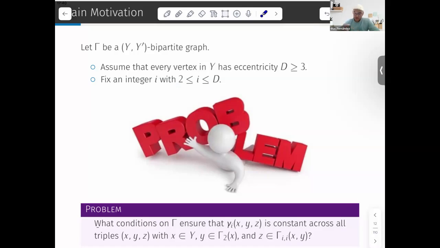The question is when the scalar gamma i, which we already defined, is invariant across all the possible choices of x, y, and z, where x is in Y, y is at distance 2 from x, and z is at distance i from both x and y. Recall that when i is equal to 1, gamma 1 is always 1, so gamma 1 is invariant. So now the question is, under which conditions is this scalar invariant under different choices of x, y, and z which satisfy this condition.